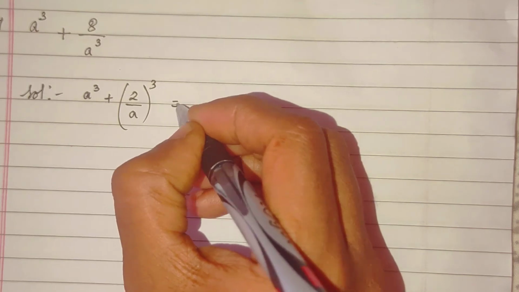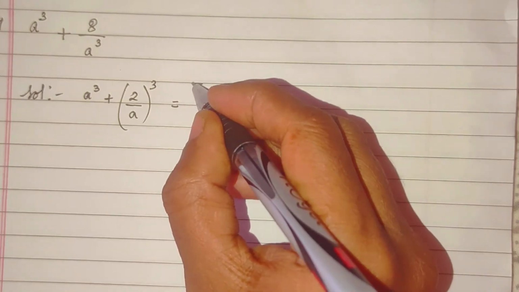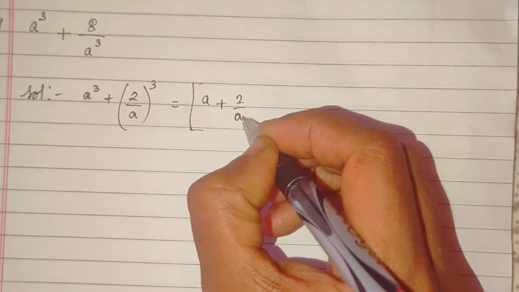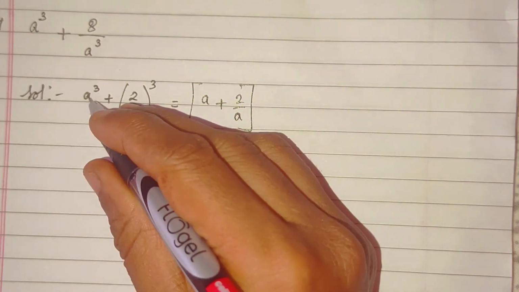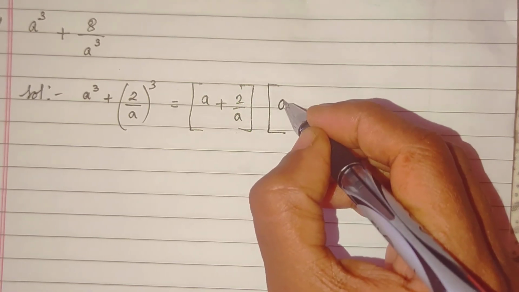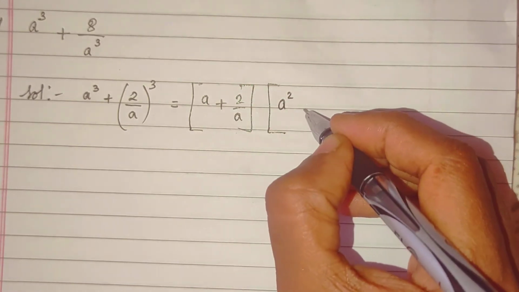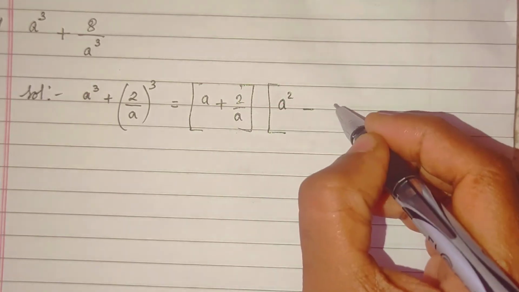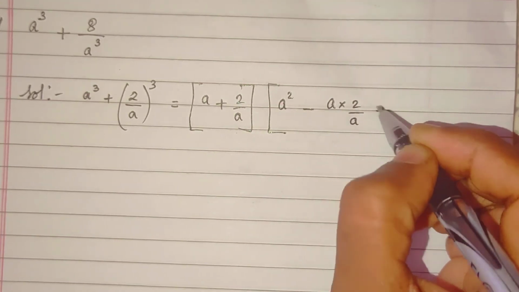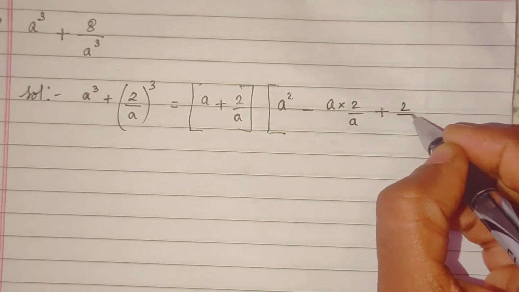By using the formula a plus b, here this is my a and this is my b, and then a square, minus a into b, and then plus b square.